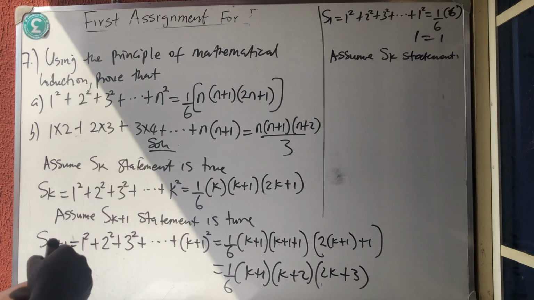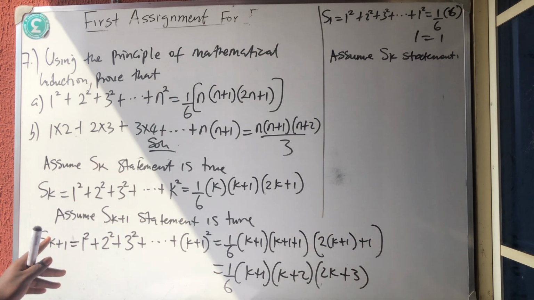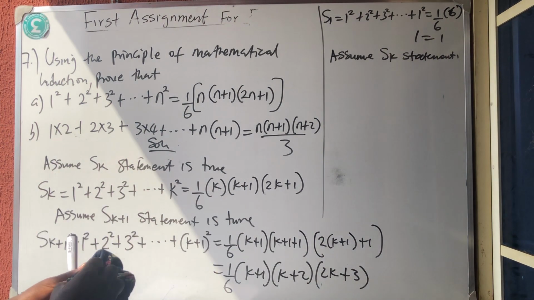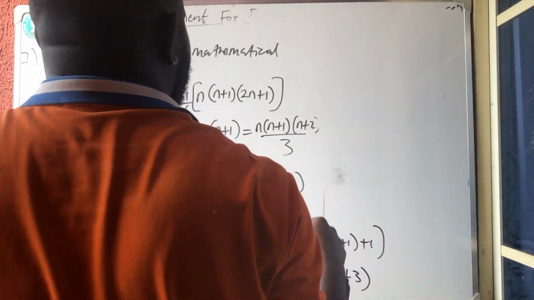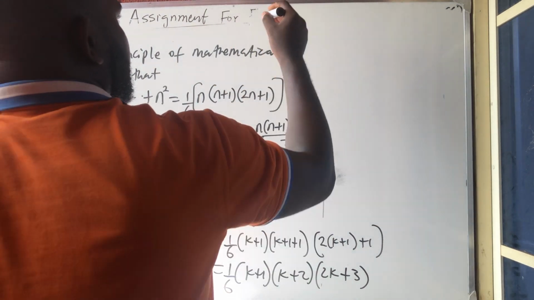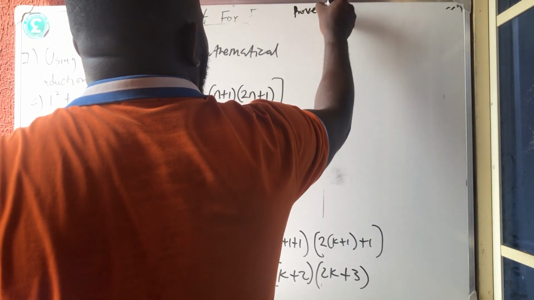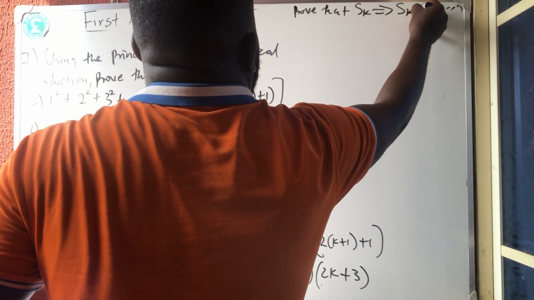So now the last thing you are going to do is to prove that SK implies SK plus 1. So that's the last thing you're going to prove. All right, let us do that. Prove that SK implies SK plus 1.